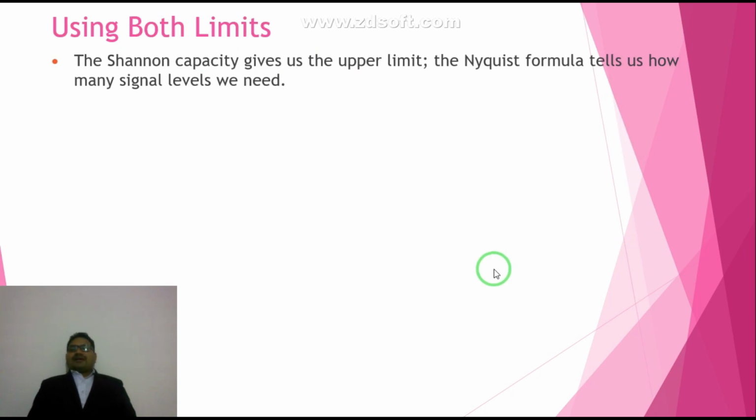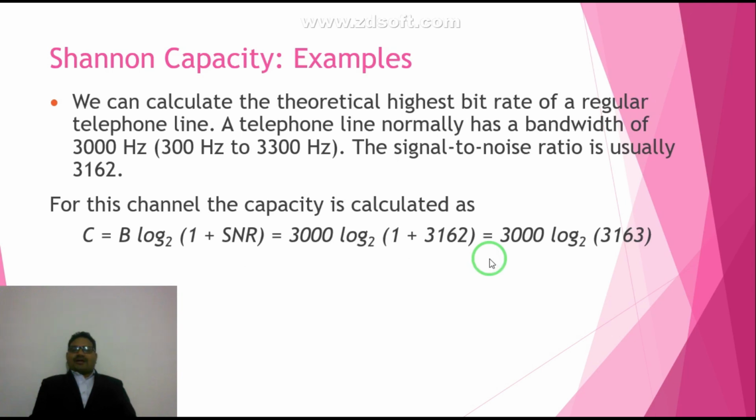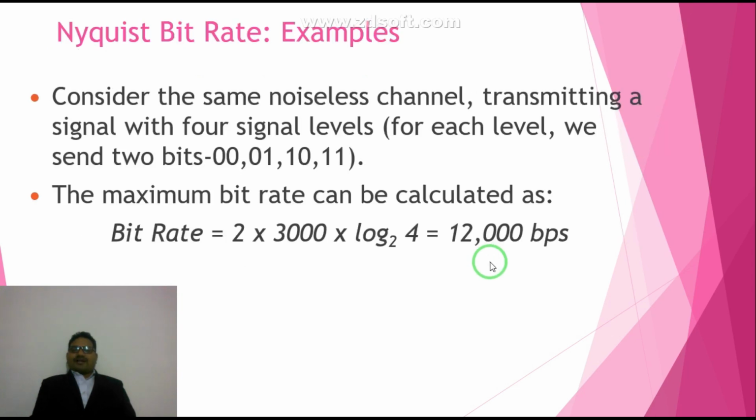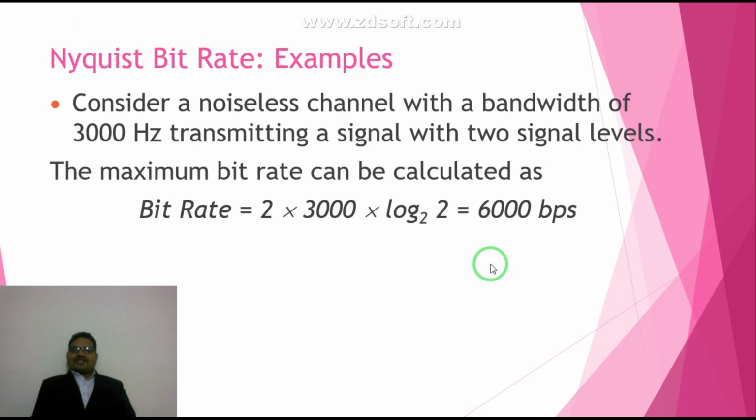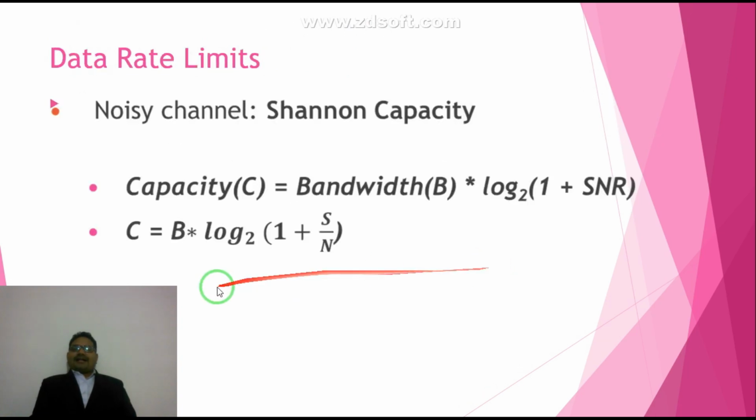Now guys, you can see from this formula that Shannon capacity is irrespective of the number of levels. The Nyquist bit rate was telling you the number of levels, but here we are not going to consider the number of levels.